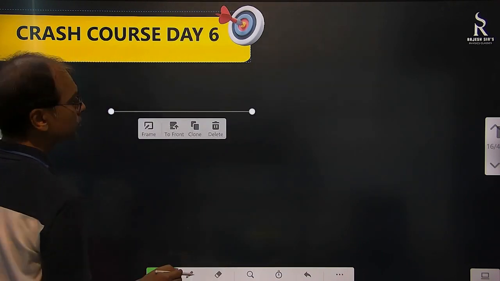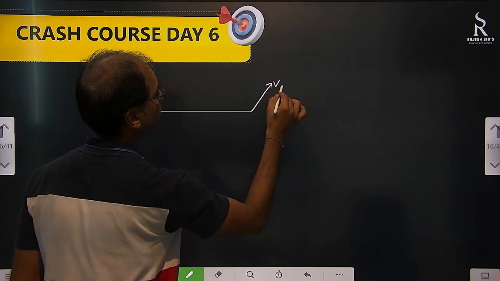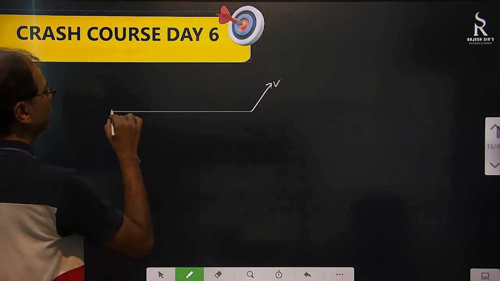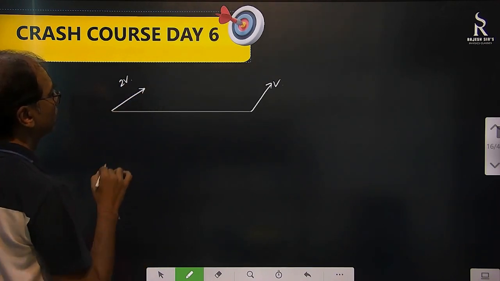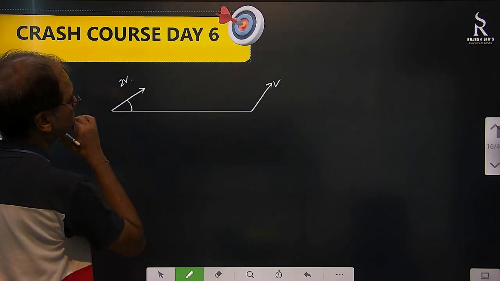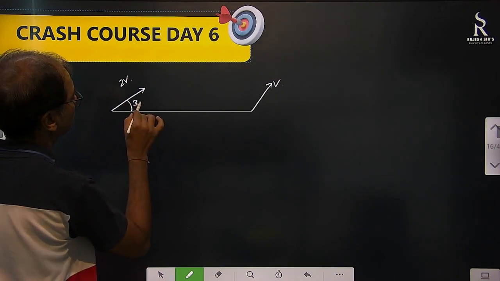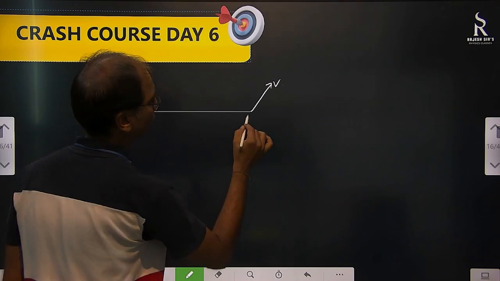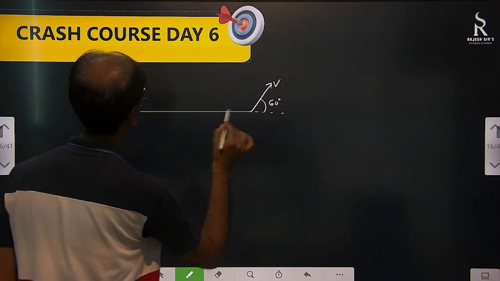One point, let's say, is going with speed V like this, and another one is going with speed 2V like this. At this angle, what shall I take? 30 degrees. Okay, take 30 degrees. And this angle you take 60 degrees. And this is L.